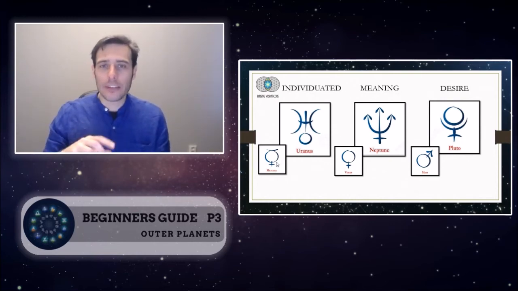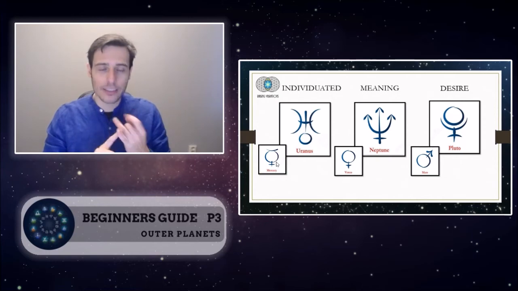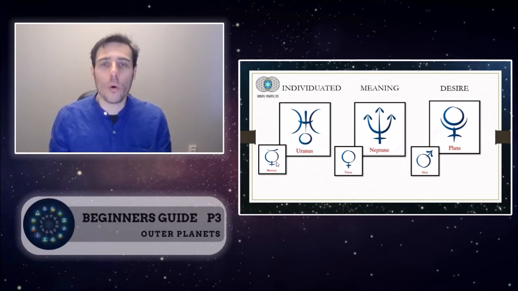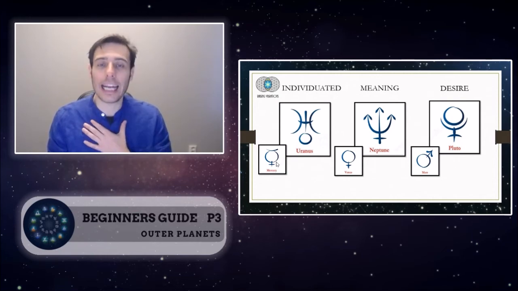So the outer planets of Uranus, Neptune, and Pluto, you will notice in your chart. And all the planets, like Saturn, like Jupiter, like Mars, like Venus, like the Moon, like the Sun, and of course Mercury, are personal planets, and they are more subjective. Does that make sense? They're more connected to you and how you express yourself. And that's the subtle difference between the two.